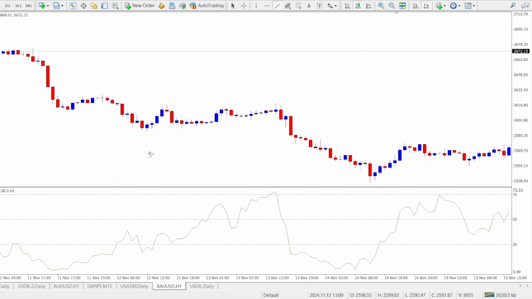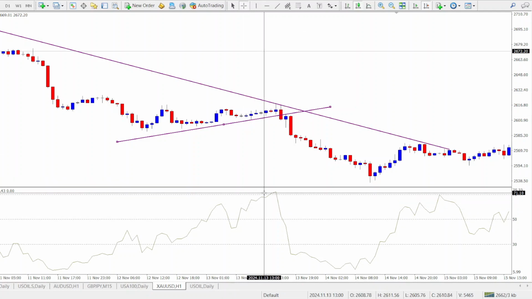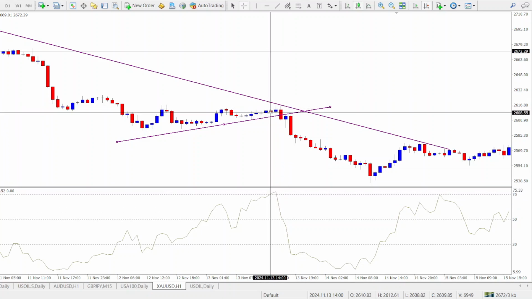For example, we can see that this was a bullish move, although it was a bullish corrective move, because this is a sell trend. Right after this bullish corrective move, we can see that the IMI got into the overbought territory, showing us that the bulls are now losing steam.